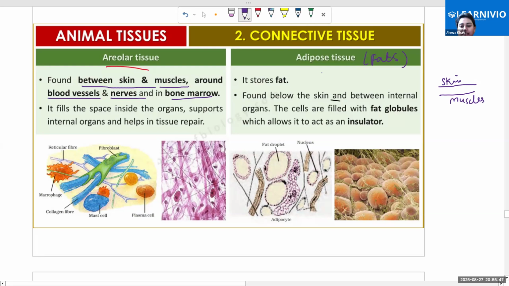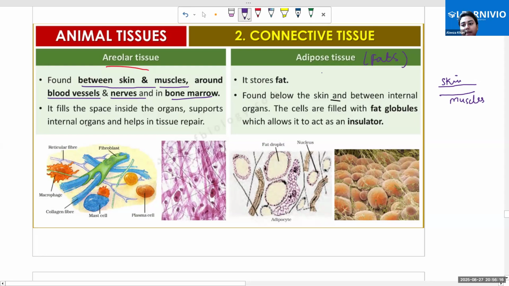Do you know these things? See, your skin does not have the muscles directly below it. There are other structures also, such as your fascia. Your subcutaneous fat layer is there. I'll be writing it down. So you will be finding this structure between your skin and the muscle.